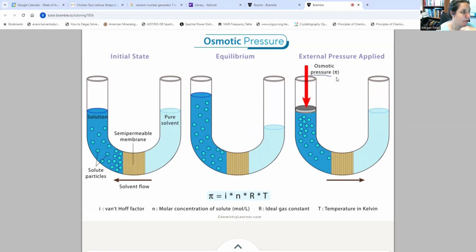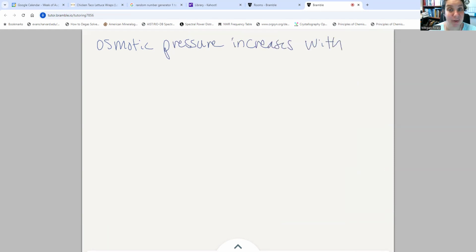And then osmotic pressure is that pressure that can be exerted to stop osmosis from continuing to occur. Please note that osmotic pressure is going to increase with amount of solute particles, which is why it's a colligative property.